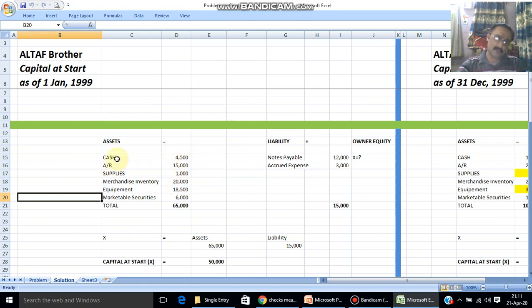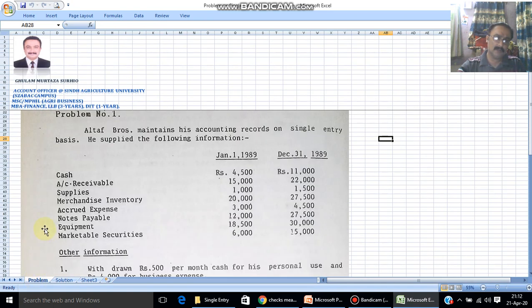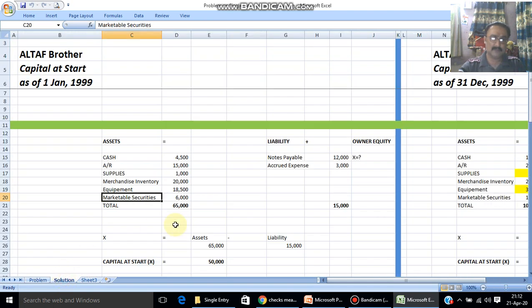I have put over here cash, accounts receivable, supplies, merchandise, equipment, marketable securities. Let's have a glance at the asset side. 4,000, 1,500, all assets up to marketable securities. When you calculate all these, you will have a total of 65,000 as assets.